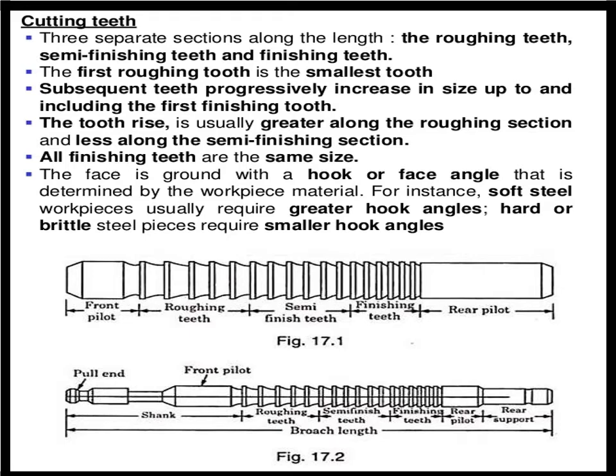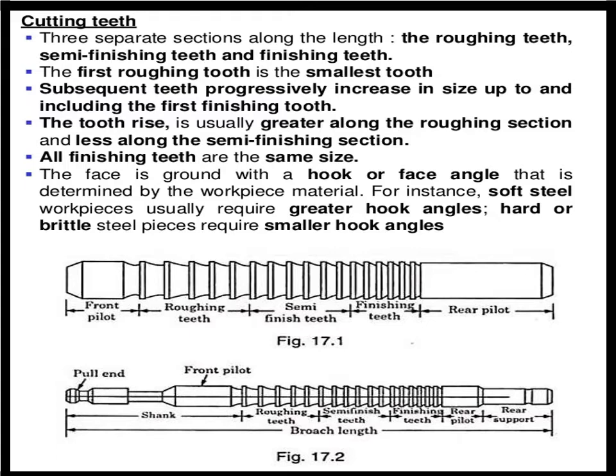Now while designing a broach tool, the cutting teeth are the most important component of the broaching tool. Therefore, there are 6 very important points to be understood and kept in consideration while designing the complete broach tool.